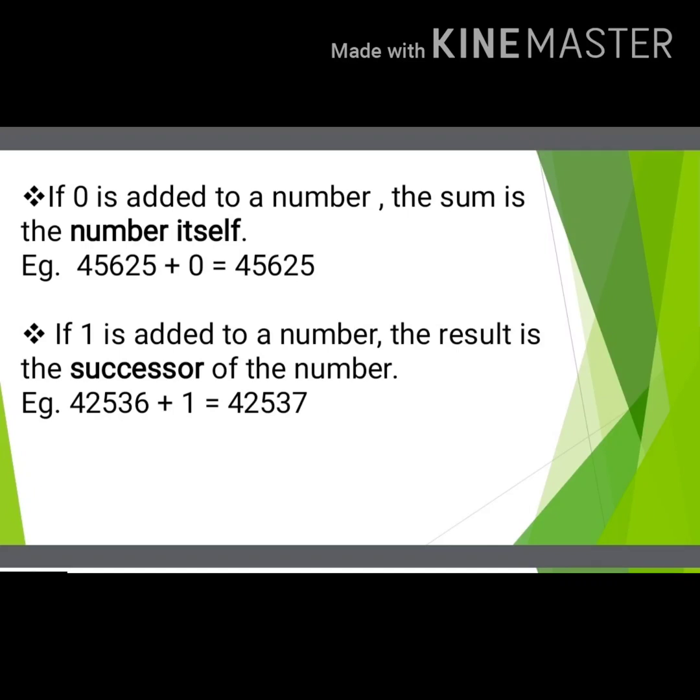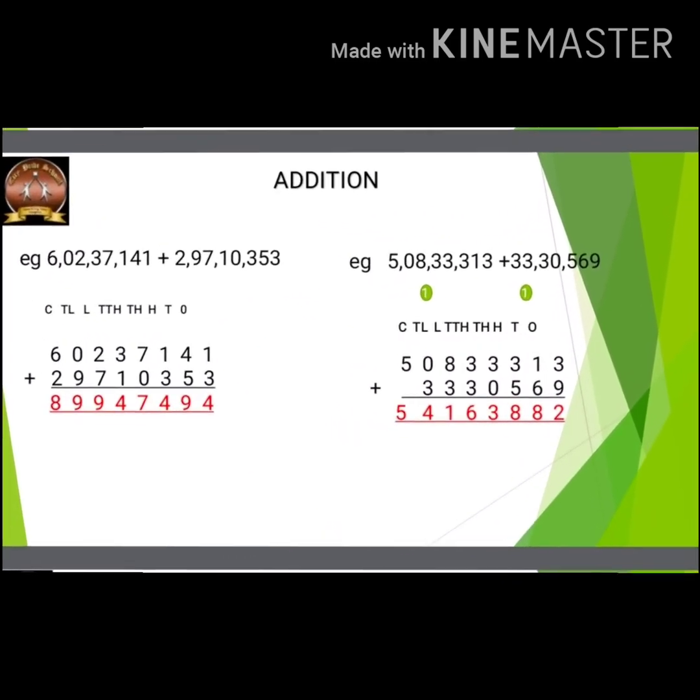And the last property, if 1 is added to the number, the result is the successor of the number. I hope you all remember what is successor. Successor is nothing but the next number. So when I add 1 to 42,536, I will get 42,537. I hope you all have understood and recalled the 4 properties of addition.